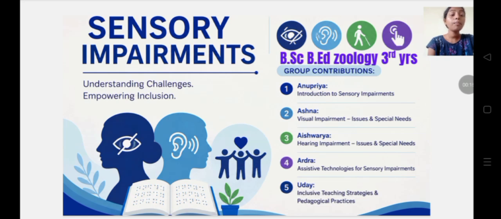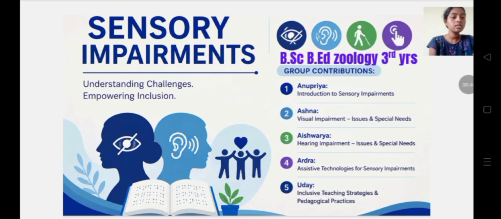Senses play an important role in our daily life, right? Through sight, hearing, touch, smell and taste, we are able to understand the world, learn new things and communicate with others, right? But when one or more of these senses do not work properly, it creates difficulty in daily life, right?